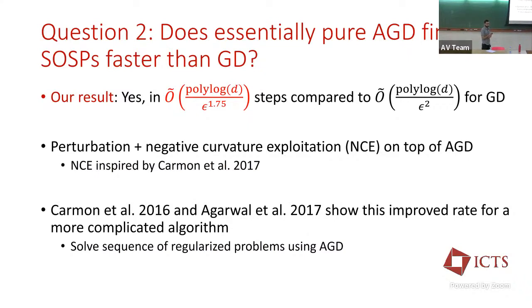The two main ingredients of this result for accelerated gradient descent are a perturbation step and what is called negative curvature exploitation on top of accelerated gradient descent. There was a very nice paper by Karman et al. which introduced this negative curvature exploitation, and I'll explain this step in more detail when we get to the more precise description of the algorithm.